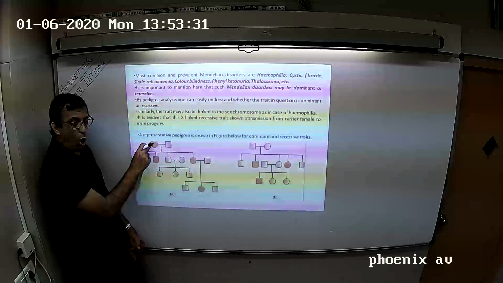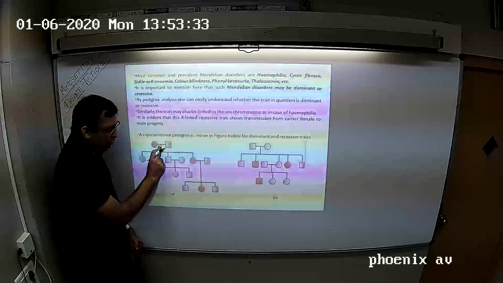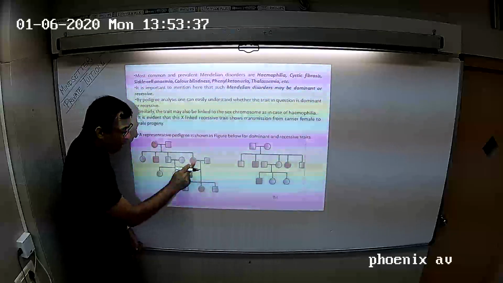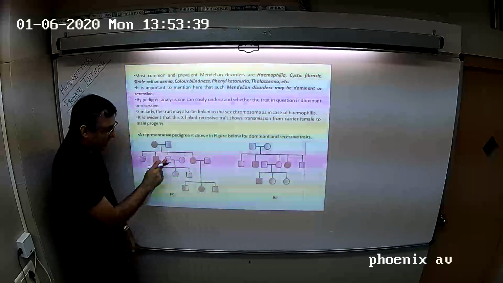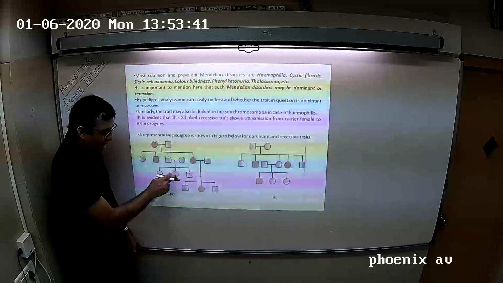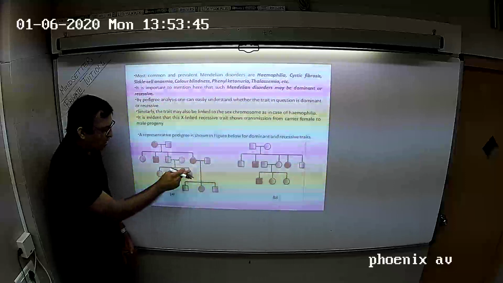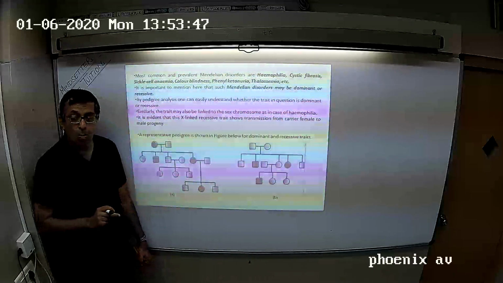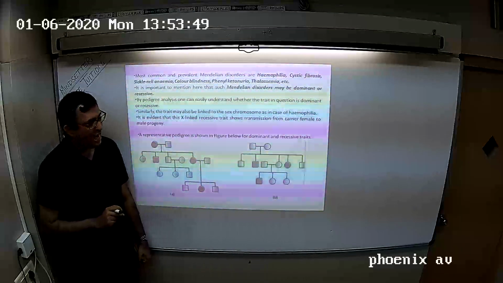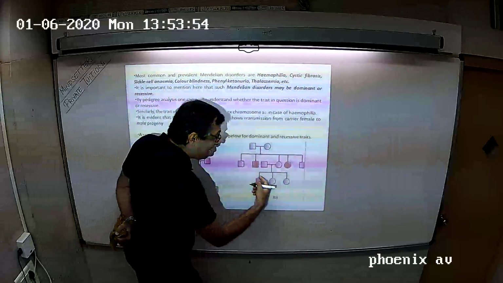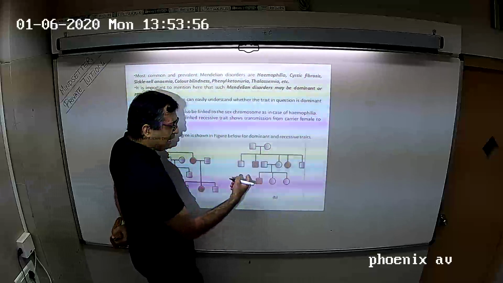An autosomal dominant disease passes from generation to generation without skipping a generation. So what is this an example of? Autosomal dominant disease. And this is an autosomal recessive disease.